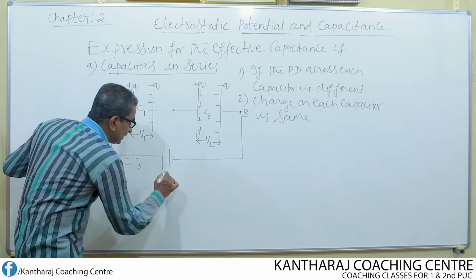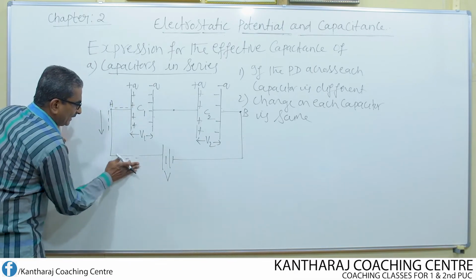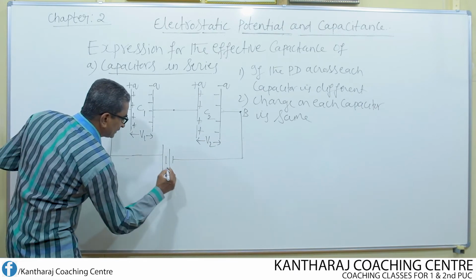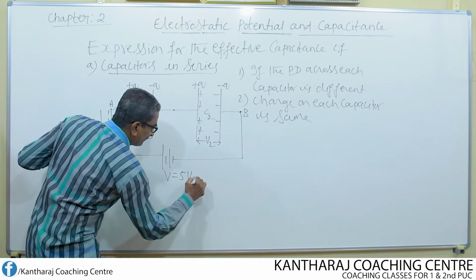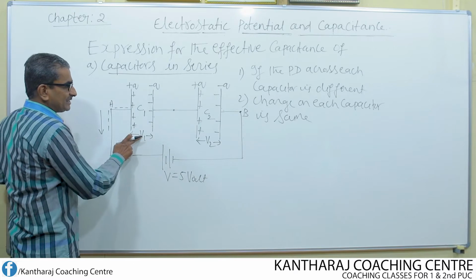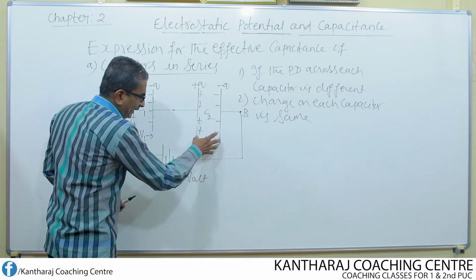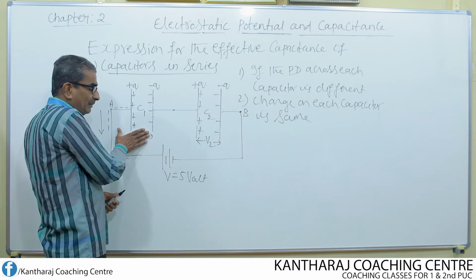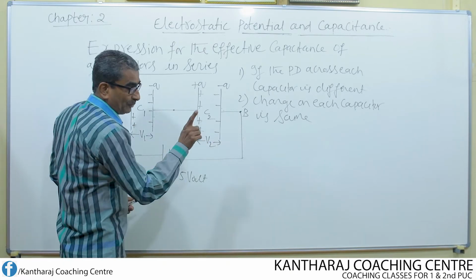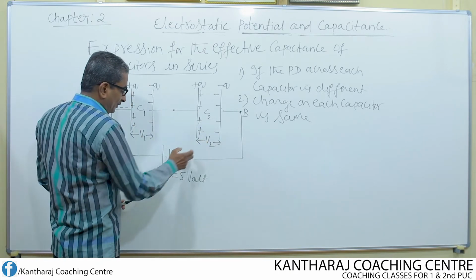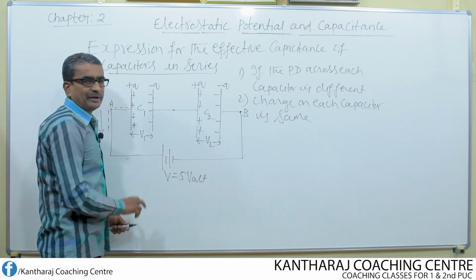If the total potential V is, let us say, 5 volt, V1 is different, V2 is different. V1 may be 3 volt, V2 may be 2 volt, or V1 may be 4 volt, V2 may be 1 volt. V1 plus V2 will be equal to V, which is equal to 5 volt.